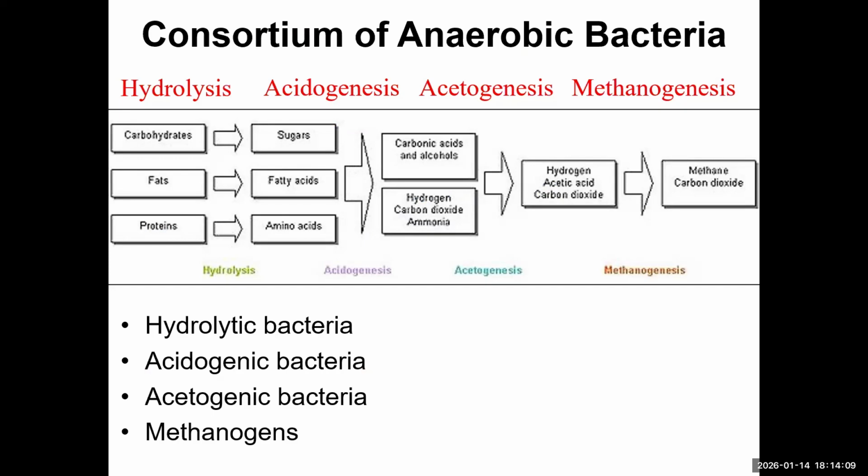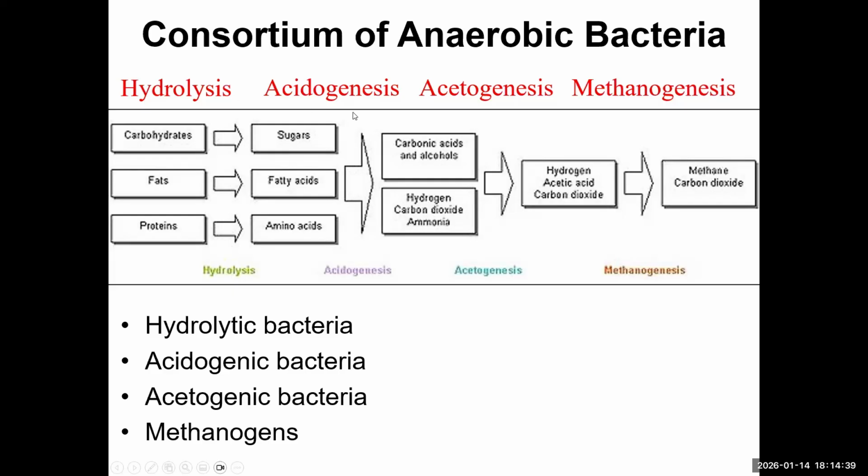I want to talk about the science that actually goes into the anaerobic digestion process. Remember I said this is a microbial-based process. There are lots of different anaerobic microorganisms, like bacteria and archaea, those methanogens, that are involved in the process of turning that organic waste material into methane-enriched biogas.